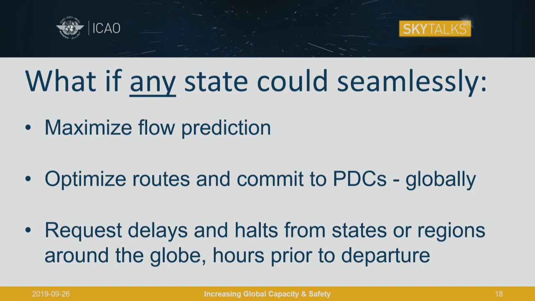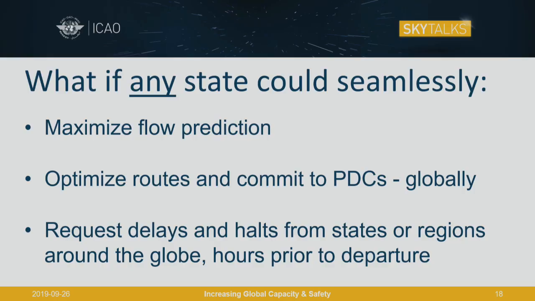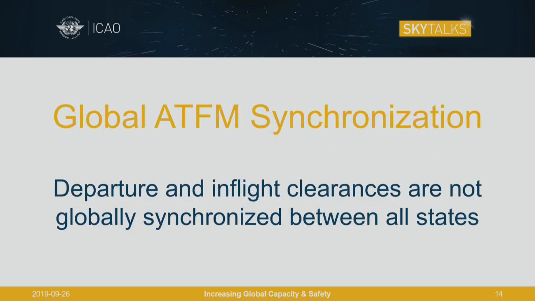So you'd have more accurate information. Optimize the routes to commit to a pre-departure clearance, which I'll talk about in a second, on a global scale, and then request delays and possibly halts in other regions or states because you're having weather issues.